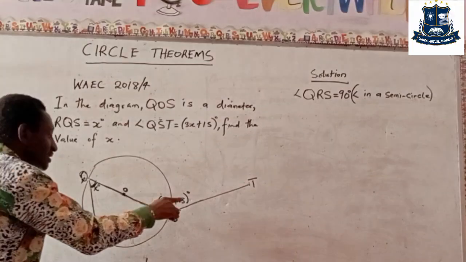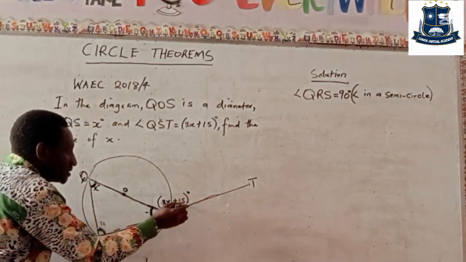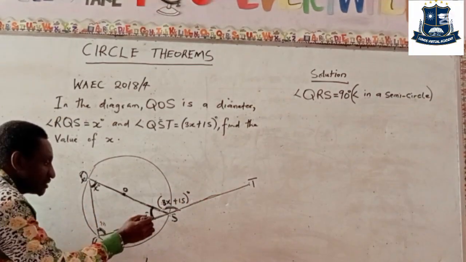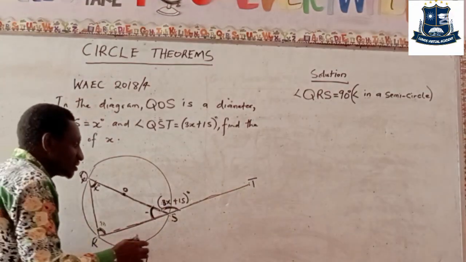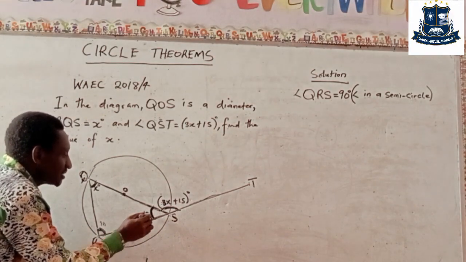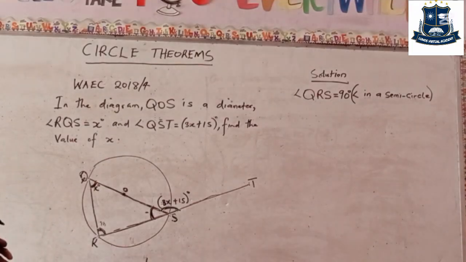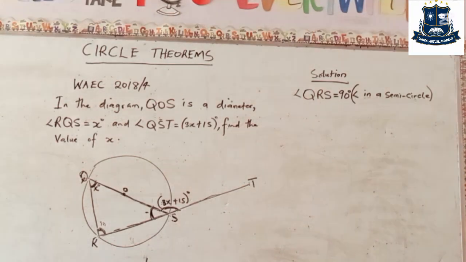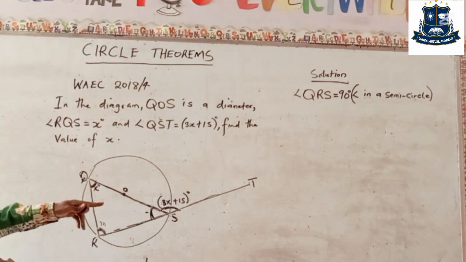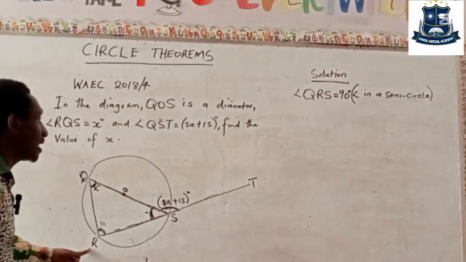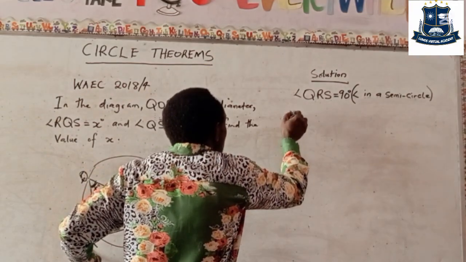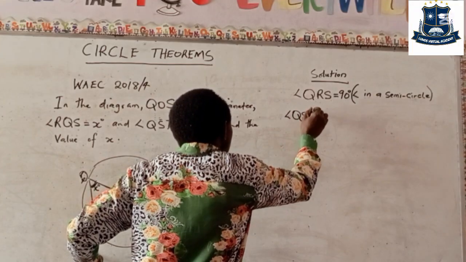Now I'm going to apply that here because I have seen this is a straight line, and this angle here and this angle are together on a straight line. So what that tells me is that this angle and this angle are equal to 180 degrees because they are angles on a straight line. So how do I write this angle? Angle QSR.